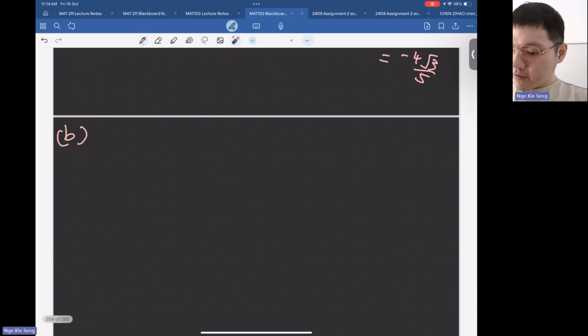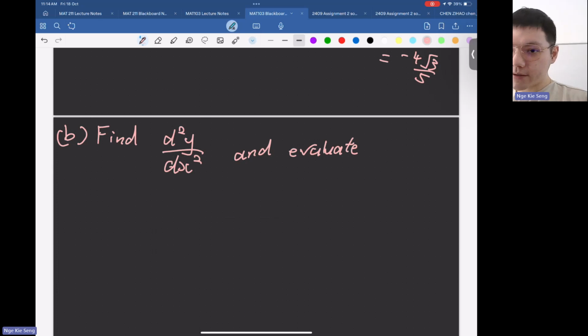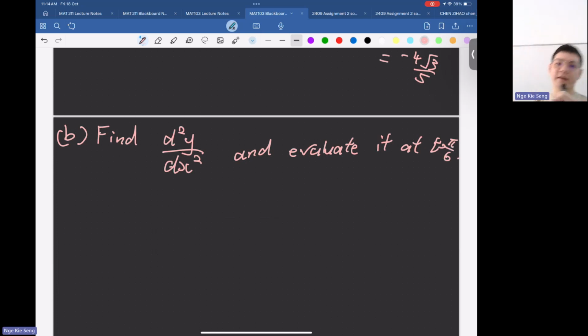So how about if the question asks you to find the second derivative, meaning the change of your gradient, again evaluated at the same t equals pi over 6? So how are you going to do it? I just told you how to differentiate once, how to differentiate twice.